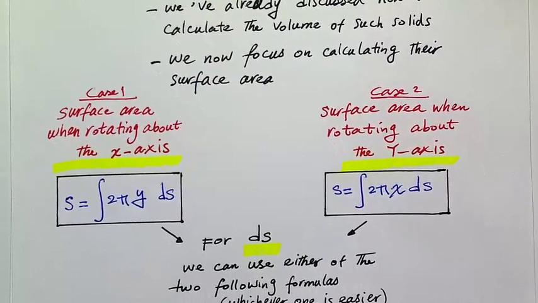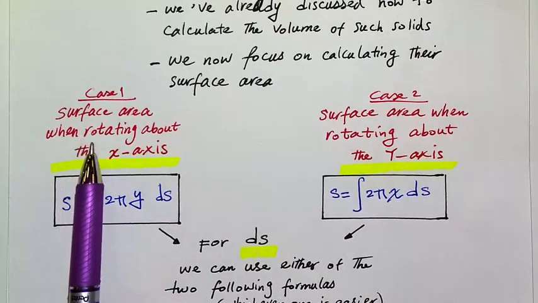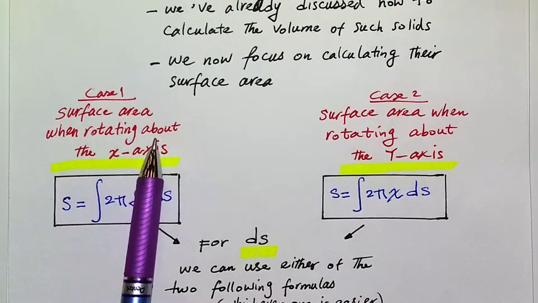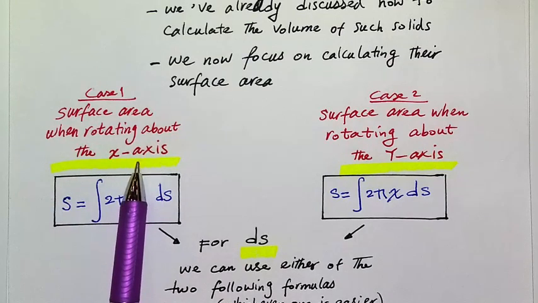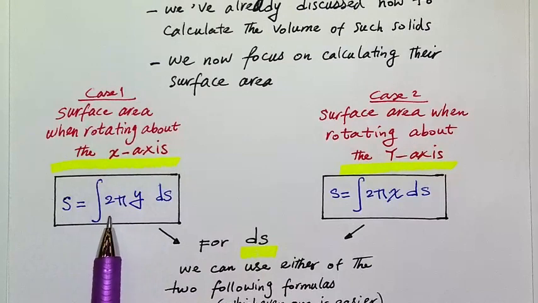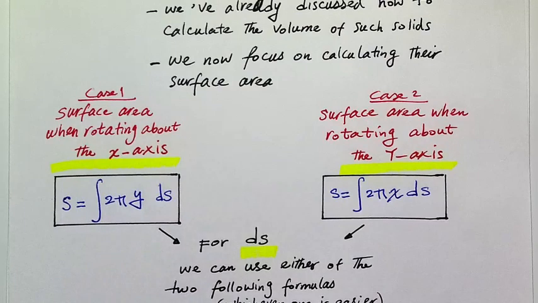One, on the left here on the screen, is if you are calculating a surface area when rotating a region about the x-axis. If that's the case, then the generalized integral for the surface area, and of course this would be a definite integral, so let me just say a to b.